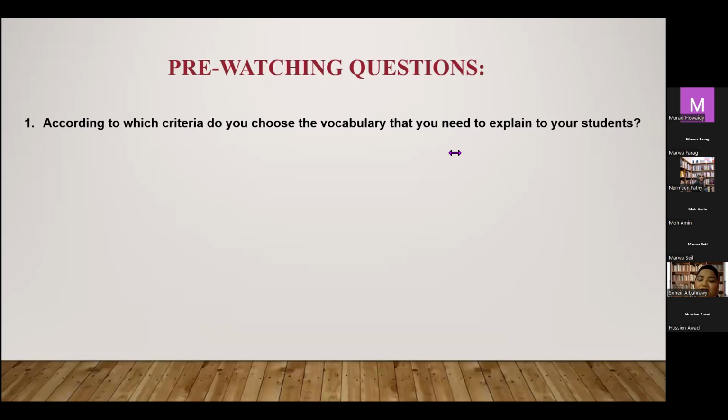And of course, to increase and maximize their vocabulary stock so they can speak and express their ideas and opinions. So it enhances the speaking skills as well. Yes, perfect. Thanks a lot for your participation. I agree with you all. We need to choose the most keywords.